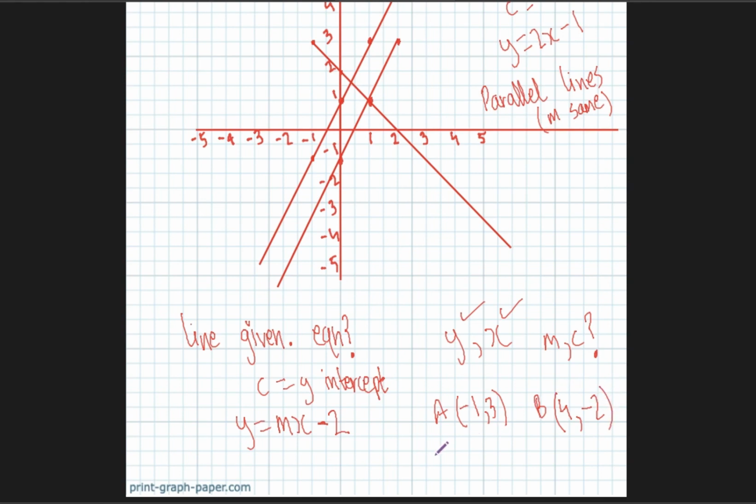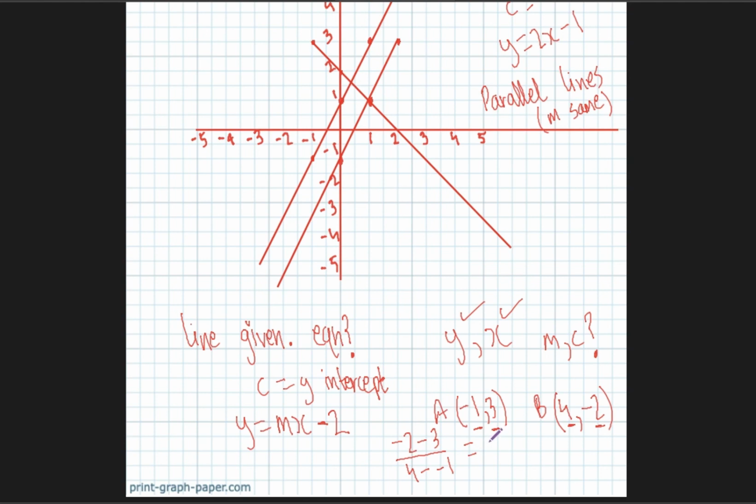The way you calculate m is you do the second y-coordinate minus the first y-coordinate. That's -2 minus 3. And you divide that by the second x-coordinate minus the first x-coordinate. So that's 4 minus -1.